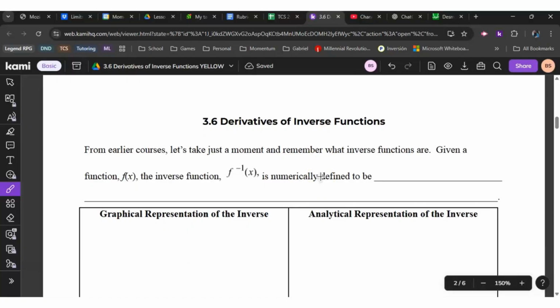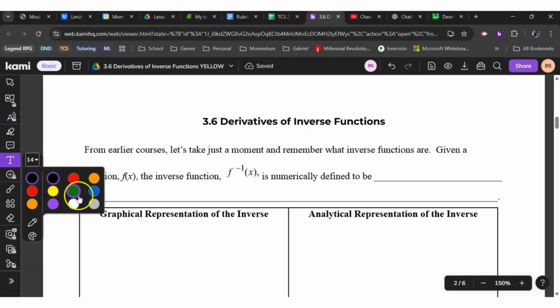3.6. Derivatives of inverse functions. So, earlier in your life, you allegedly learned, no. Let's take a moment to remember what an inverse function is. I already asked you, and you already told me. Yeah, and what did it really mean? It meant that we switched y and x.